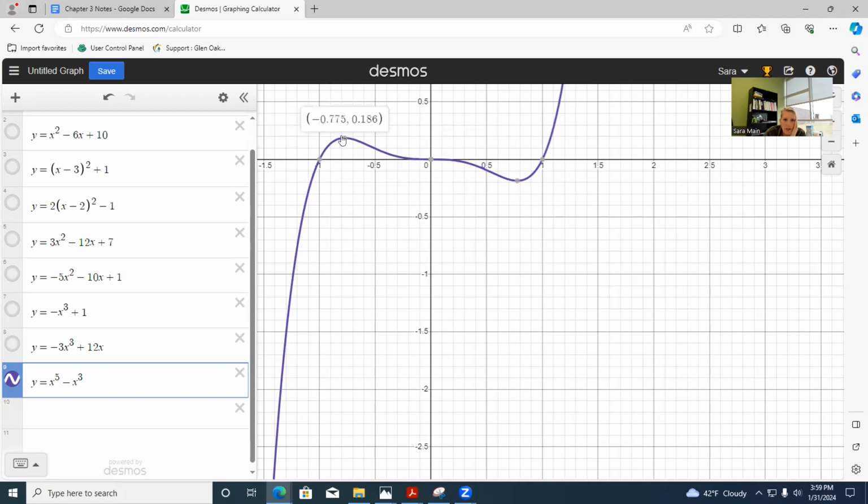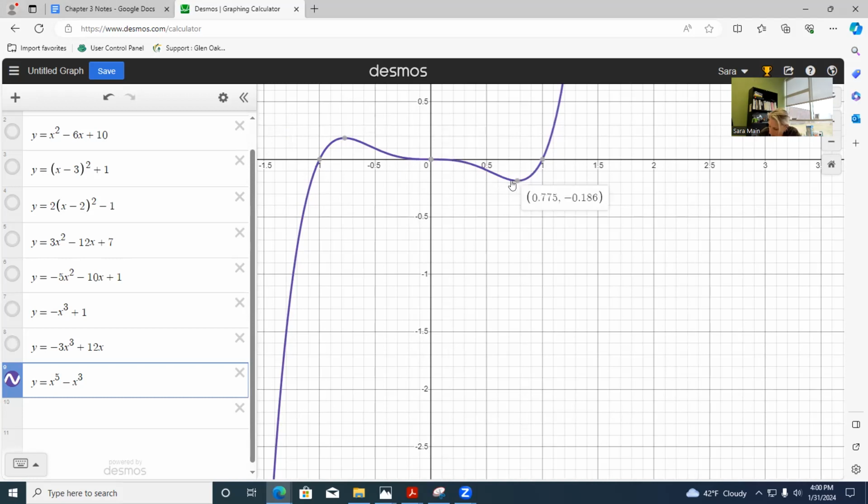So it looks like you have a local maximum here at x equals negative 0.775, and y is 0.186. And then you have the 0 where it kind of gets flat, and then it goes down.